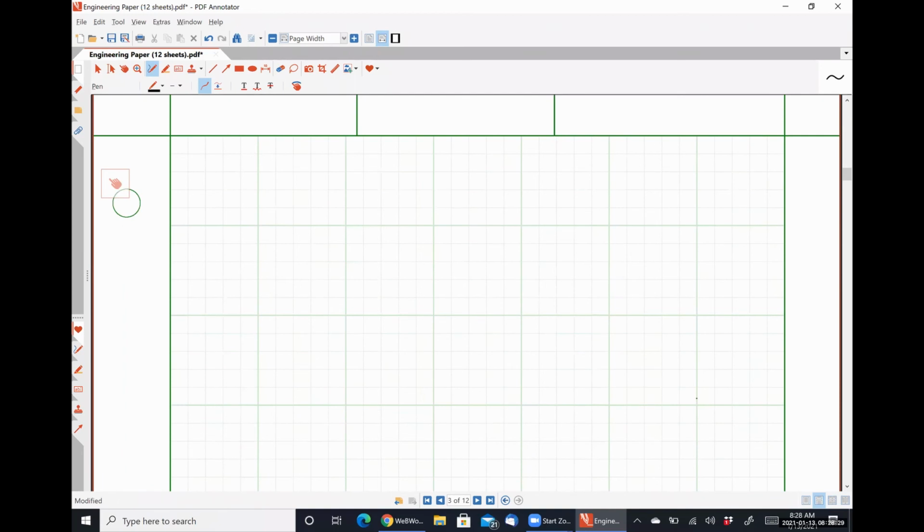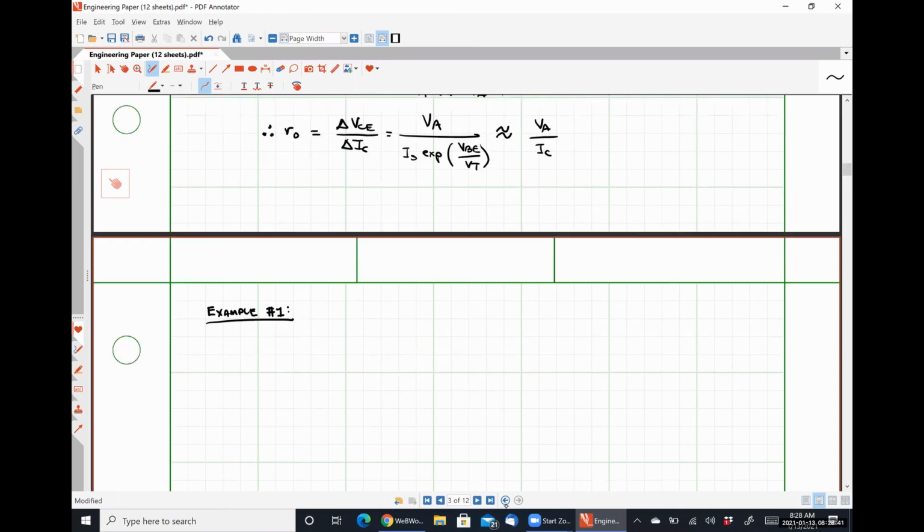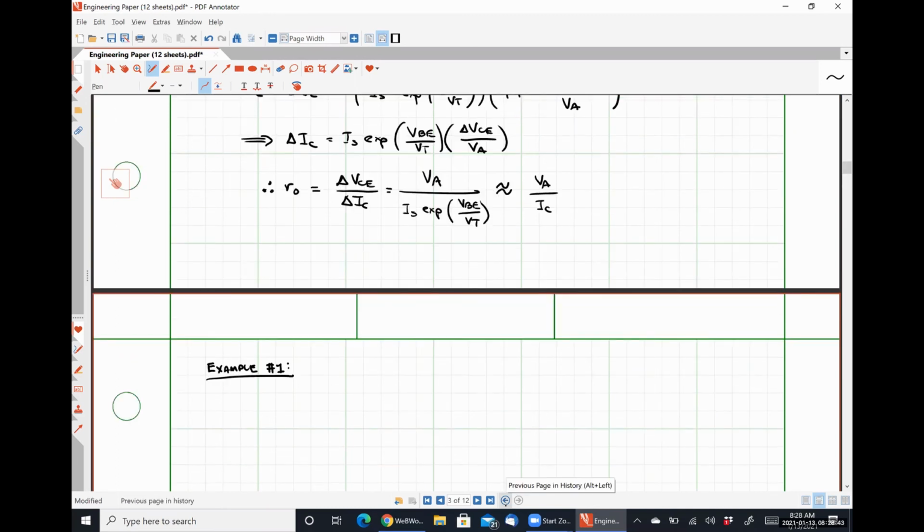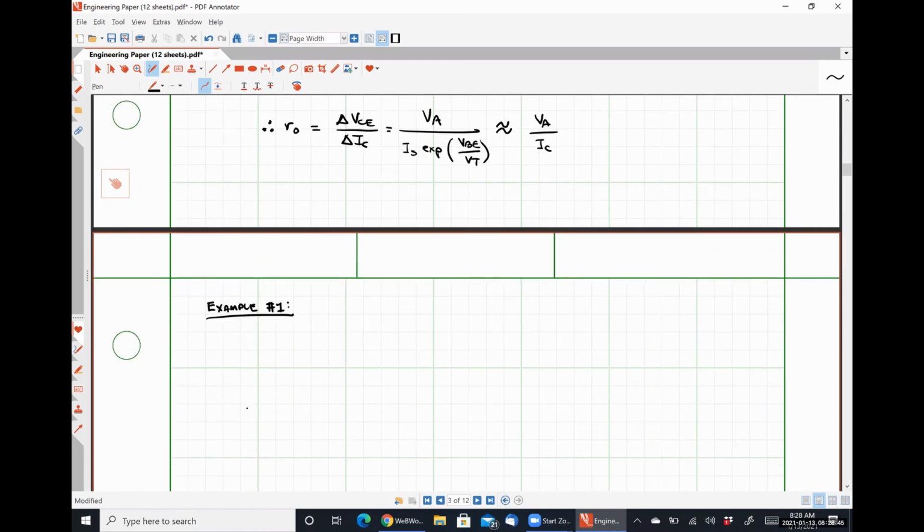We're going to have the following circuit. What it boils down to is VA over IC.